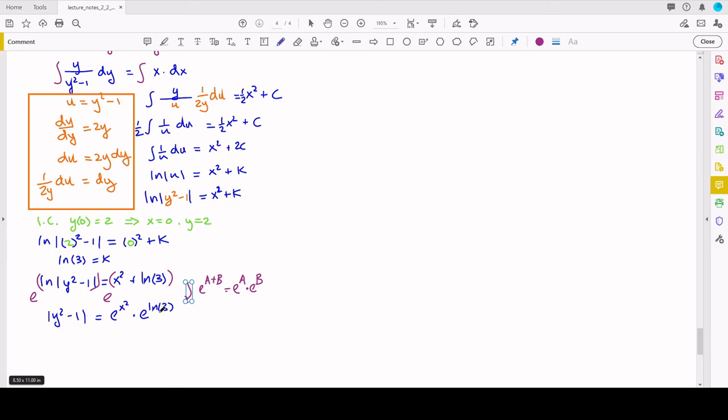And then e to the power ln of 3 simplifies to just 3. So now I have the absolute value of y squared minus 1 is 3 times e to the power x squared.